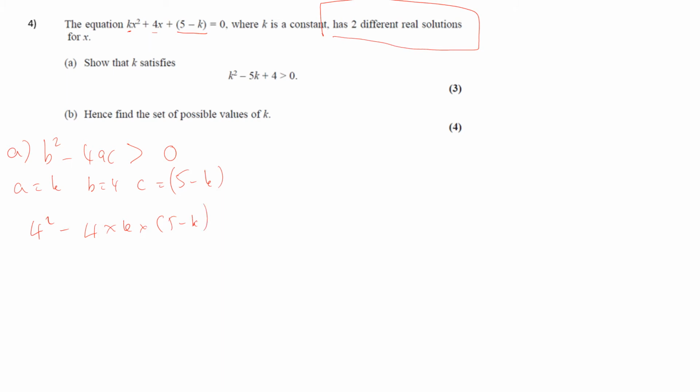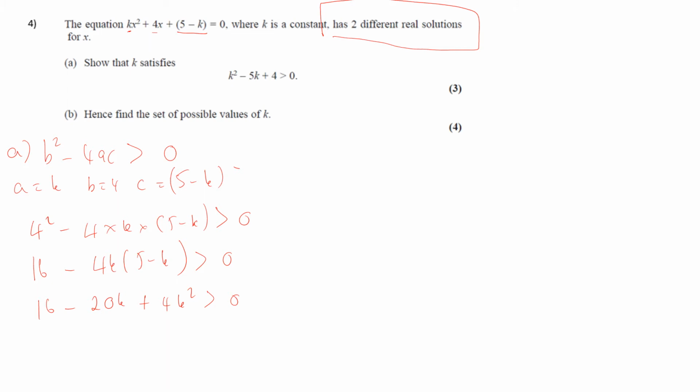Okay, so you've got to simplify that. So that's 16 minus 4k(5 minus k), which is 16 minus 20k plus 4k squared. And this is all greater than 0. Those have been there all the way through.